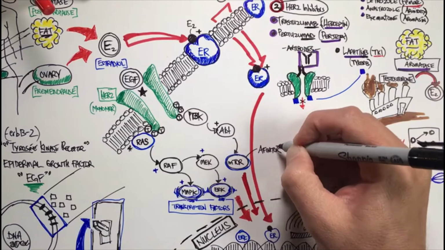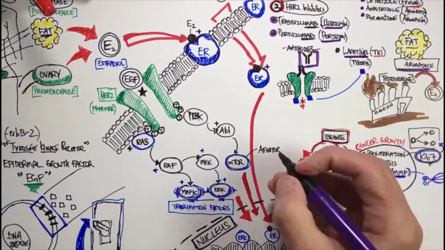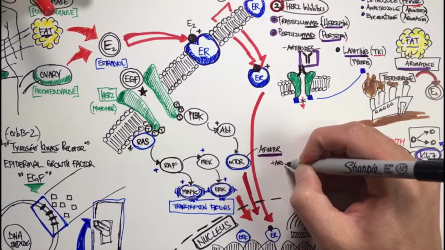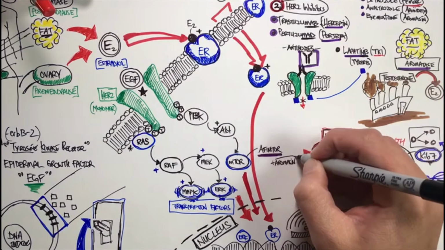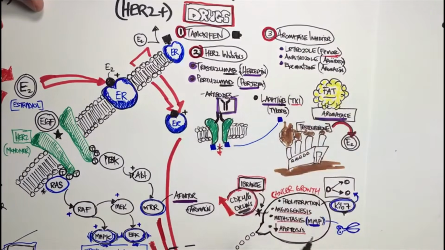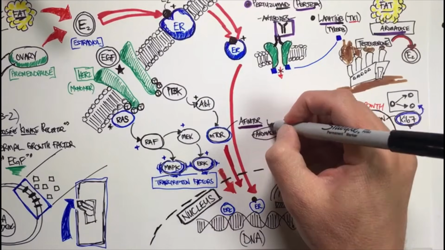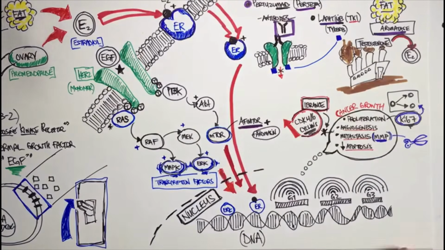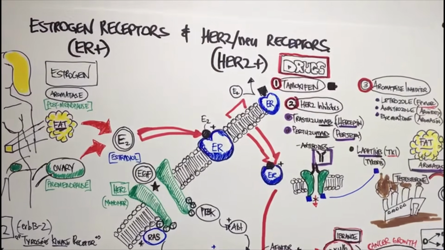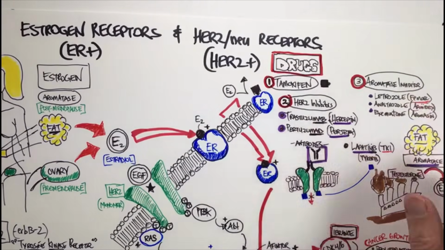I mention this because there's a drug called Afinitor. It's an mTOR inhibitor, and so you may find this in estrogen receptor positive cases. It's often used with Aromasin, for instance. So we can find a regimen of Afinitor and Aromasin used in more of a metastatic case, estrogen receptor positive metastatic cases.